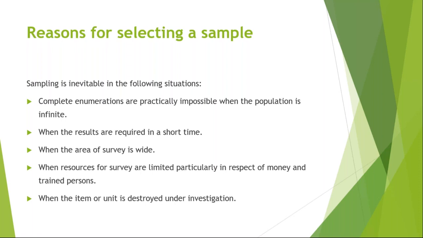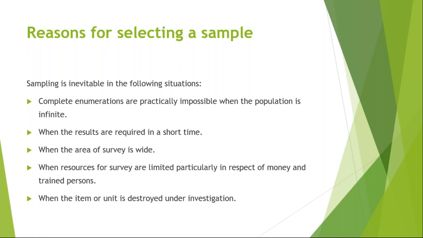Why do we need to select a sample? Number one, complete enumerations are practically impossible when the population is infinite. One of the advantages of the census method is that, because the population is finite, it is possible to collect all the units, to involve all the units in the population.